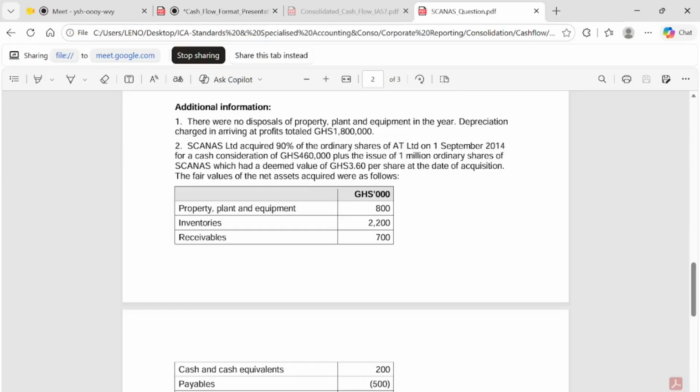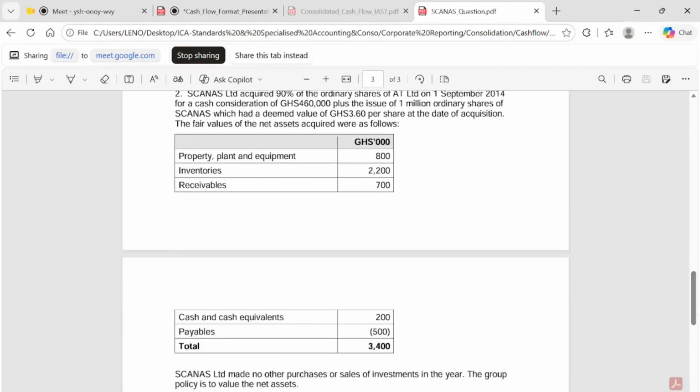All right. So that is how the Scanners acquired AT Limited. And now the below is fair value of net asset acquired were as follows. So this is net assets. How do you understand this net asset? When they are acquiring the company, there is a net asset. That is telling you the total value of that entity at the date of acquisition.